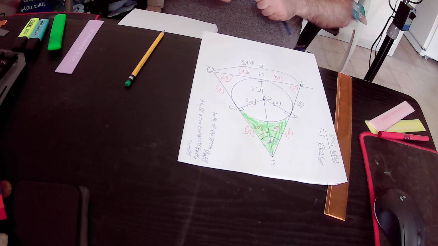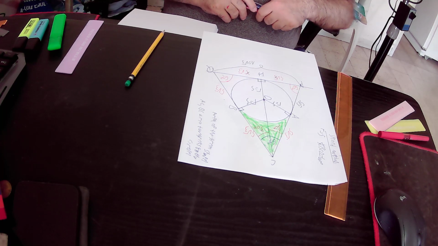And what is the area of an equilateral triangle?